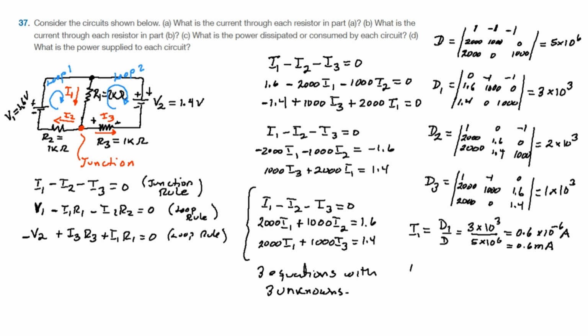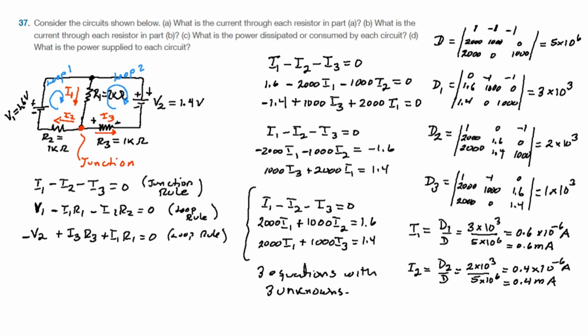Current I2 would be D2 over D. So it's 2 times 10 to the third over 5 times 10 to the 6, which is going to be 0.4 times 10 to the -6 amperes, or 0.4 milliamperes.